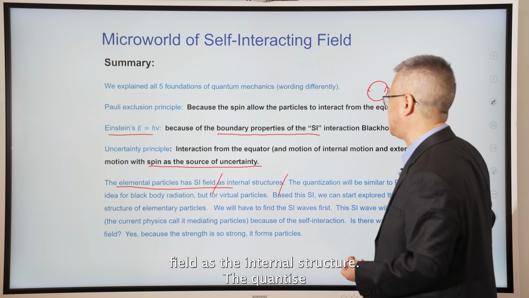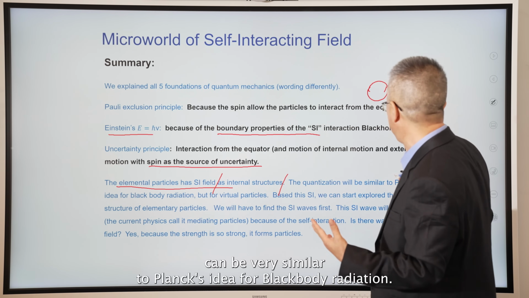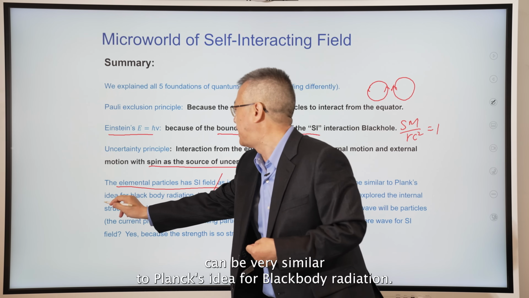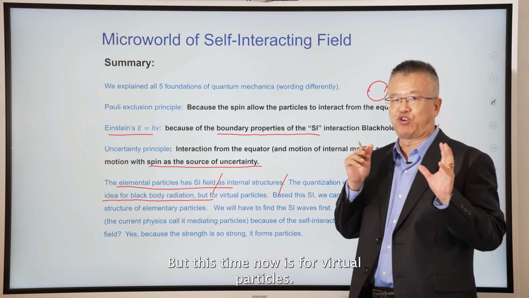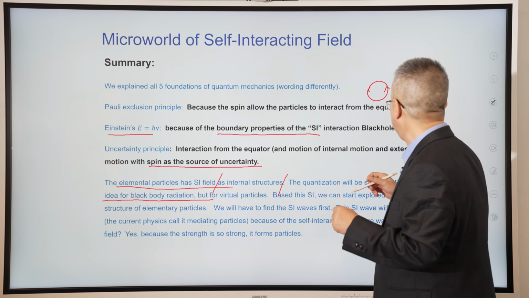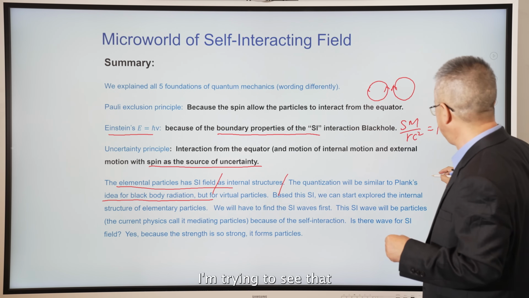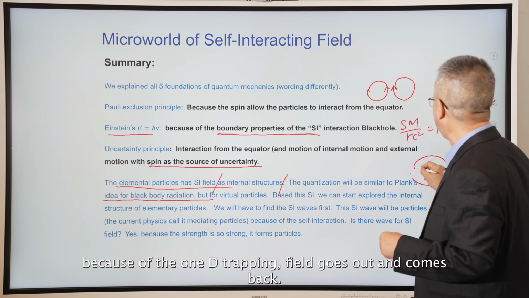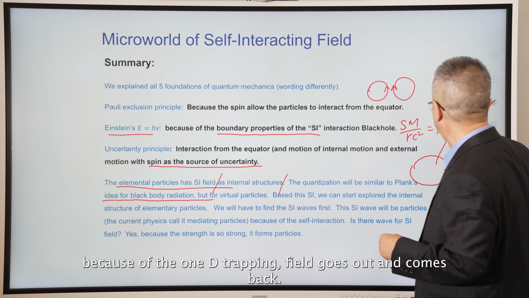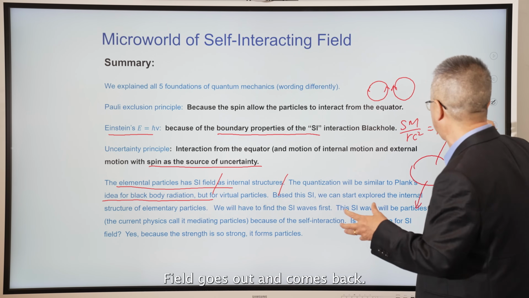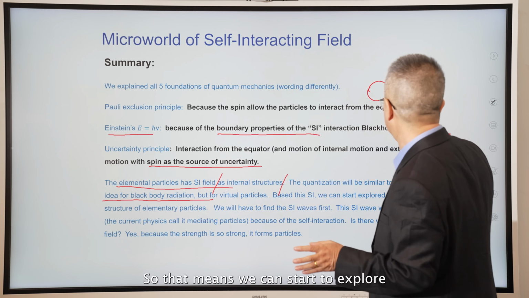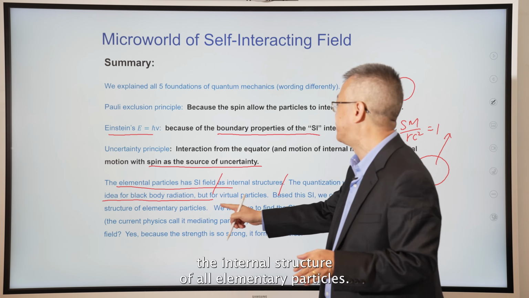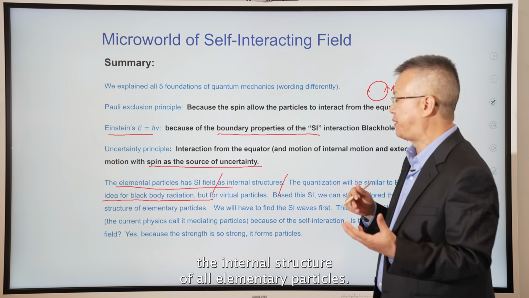The quantization can be very similar to Planck's idea for black body radiation, but this time it's for virtual particles, okay? What I'm trying to show is that because of the 1D trapping, the field goes out and comes back, goes out and comes back, okay? That means we can start to explore the internal structure of all elemental particles.